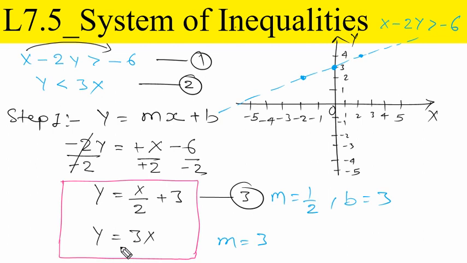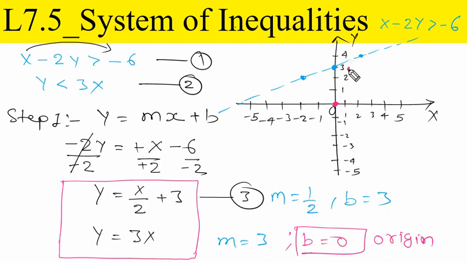Now let's graph the other one, y equals 3x. The slope is 3. There is no y-intercept; the y-intercept is 0. It means it will pass through the origin, which is 0 comma 0. So from here it will pass, and the slope is 3 steps up and 1 unit right.